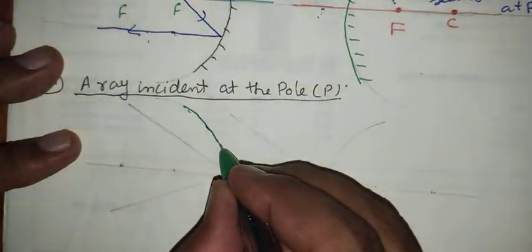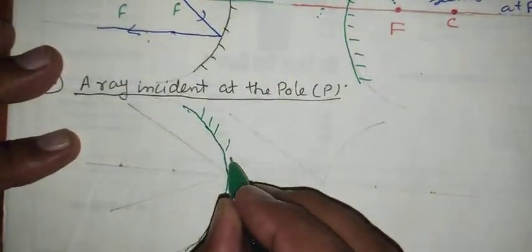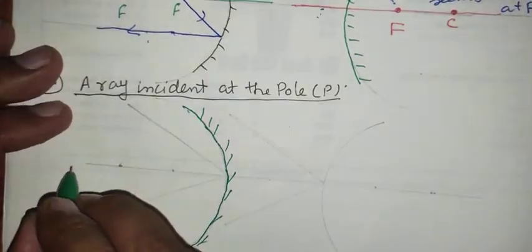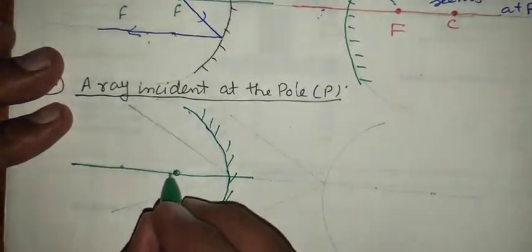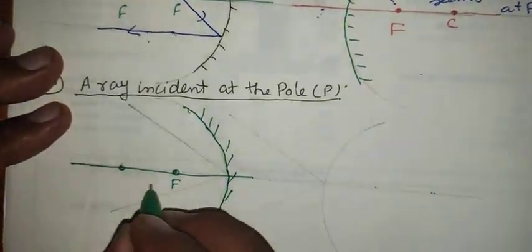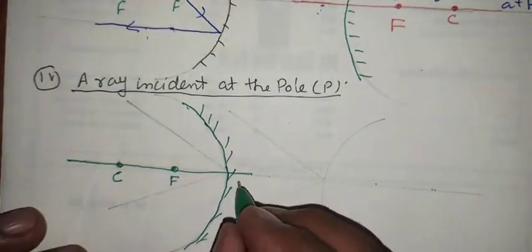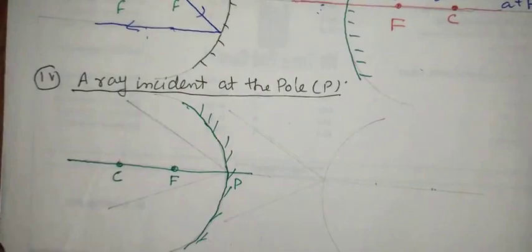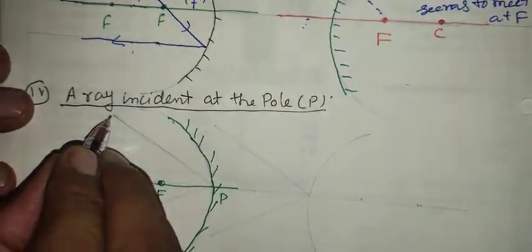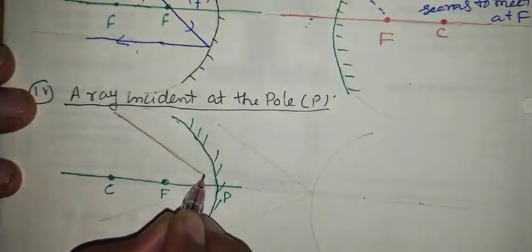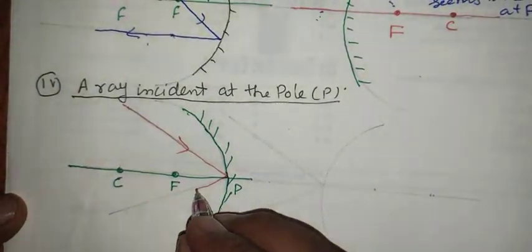First of all, we take this concave mirror with its principal axis. Take two points, the focal point and the center of curvature. This point is P. If a ray is incident at the pole P, the phenomenon of reflection will take place.